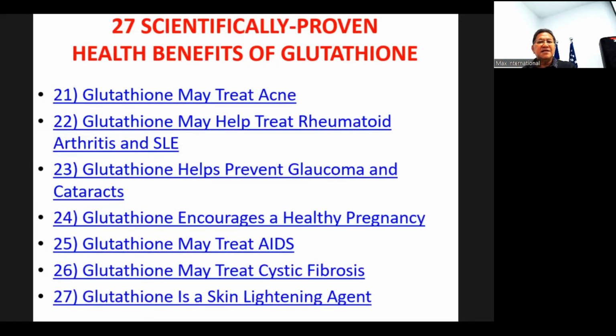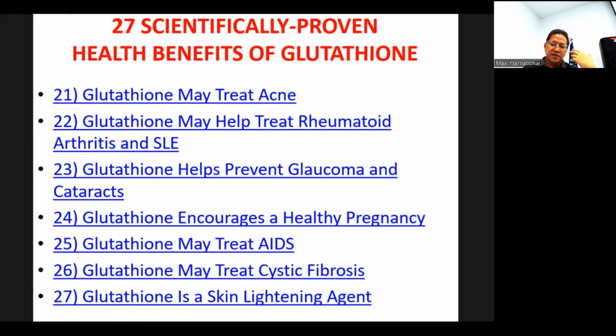Glutathione may treat acne, may treat rheumatoid arthritis and SLE. Here we have excellent testimonies of our own consumers who improve tremendously from rheumatoid arthritis and SLE. Glutathione helps prevent glaucoma and cataracts, encourages healthy pregnancy, may treat AIDS, may treat cystic fibrosis, and as a skin lightening agent, that one most women know for a long time already.